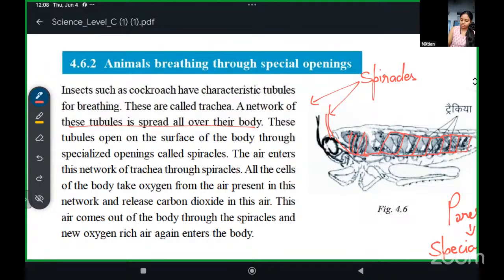All the cells of the body take oxygen from the air present in this network of trachea and release carbon dioxide into this air. Oxygen comes in through the spiracles, and carbon dioxide is released out through the spiracles.